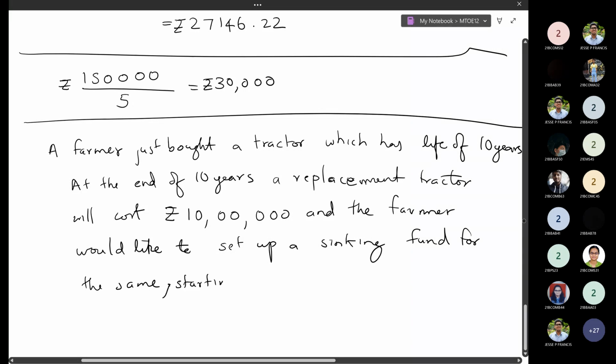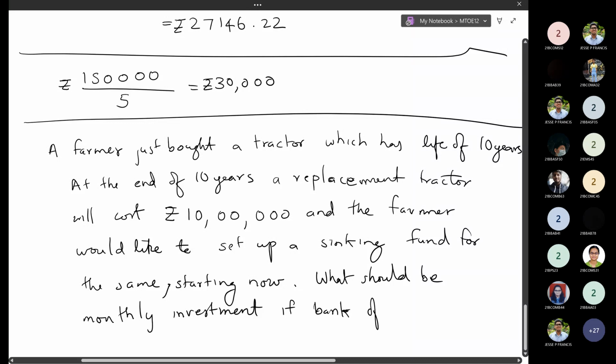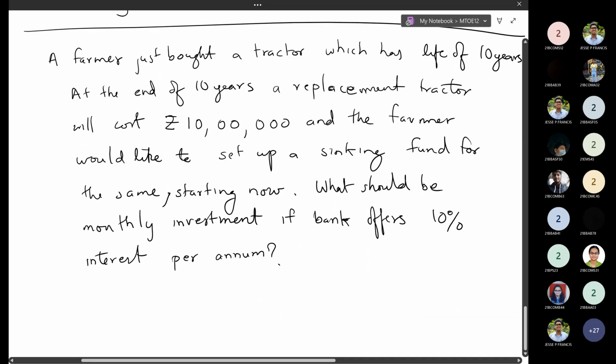As in he just bought, but this month onwards he wants to start contributing. What should be the monthly investment if the bank offers 10% interest per annum? All right, try this question.